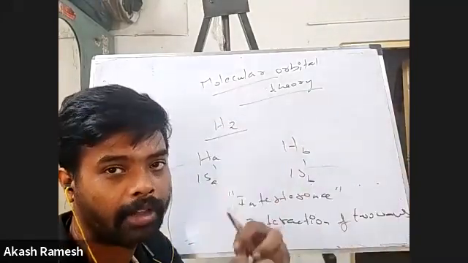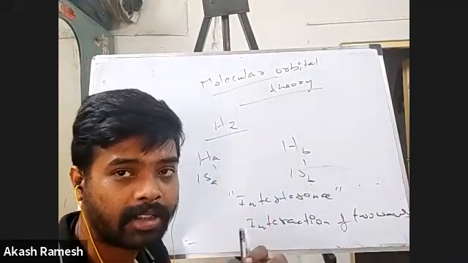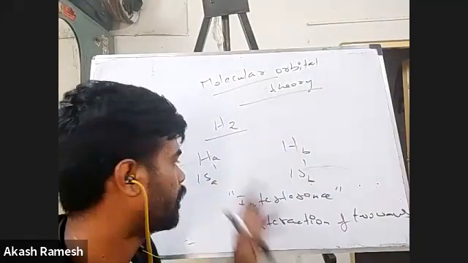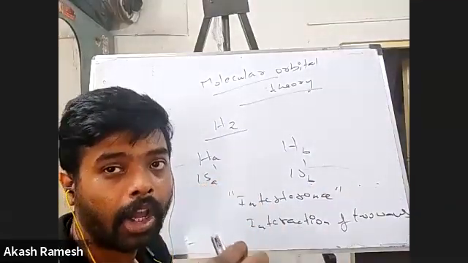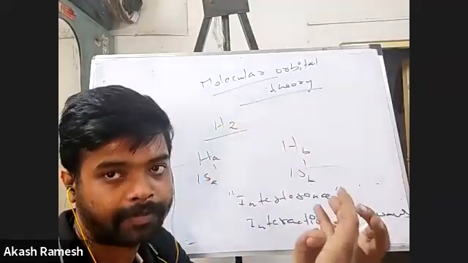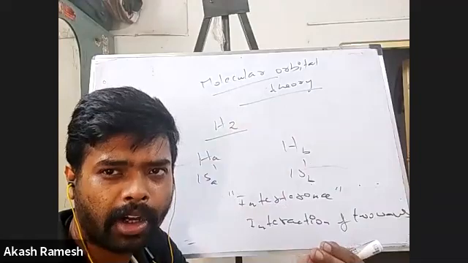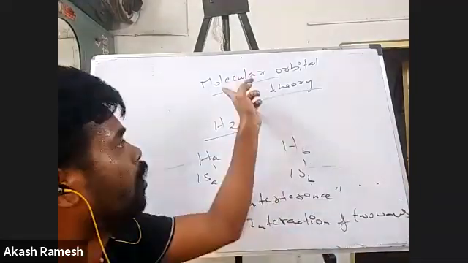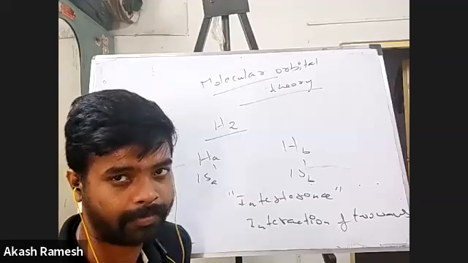I'll tell you how they combine, don't worry. For now, please understand that the wave corresponding to A and the wave corresponding to B are going to combine together to form another wave. That wave will again correspond to some orbital, and that orbital is what is called a molecular orbital.